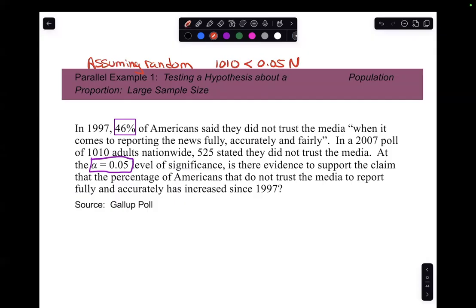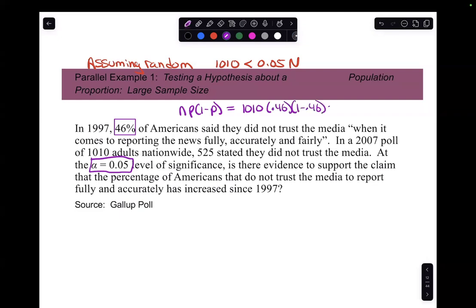Therefore, we have independence. The last thing we need to check is if np times 1 minus p is greater than or equal to 10. So np times 1 minus p looks like this: n is 1010 times 0.46 times 1 minus 0.46.